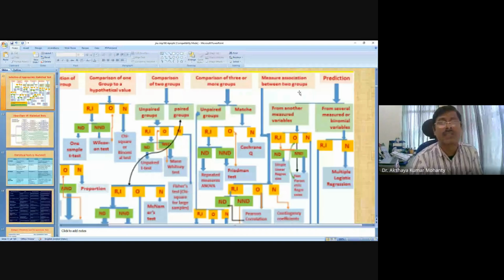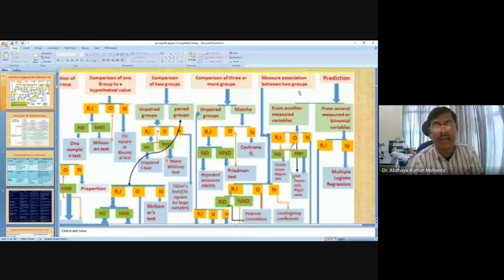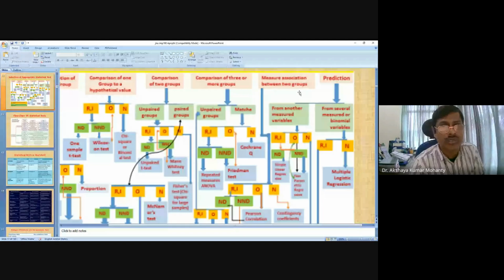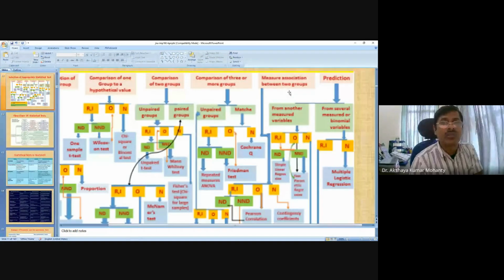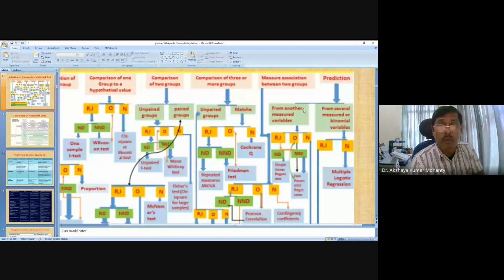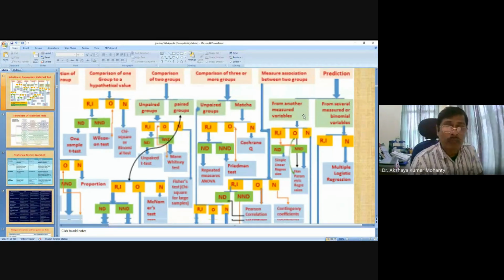Association means relationship. Just like in the previous slide, we saw some sort of correlation coefficient, measures of association, isn't it? Under measures of association between two groups, how will we find the association measurement? So now come to the point.